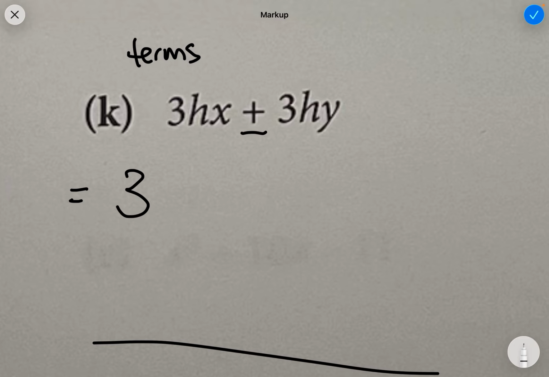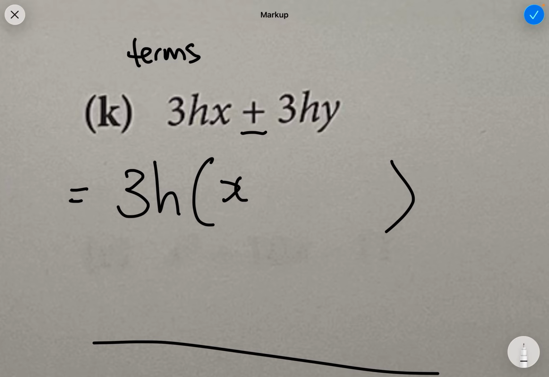So I must also factorize out the h at the same time. Okay? Once I factor out 3h, I will have a bracket. Then I get my factorize already. 3 and h are the factors. This bracket is the factor. But what is inside the bracket? x plus y.